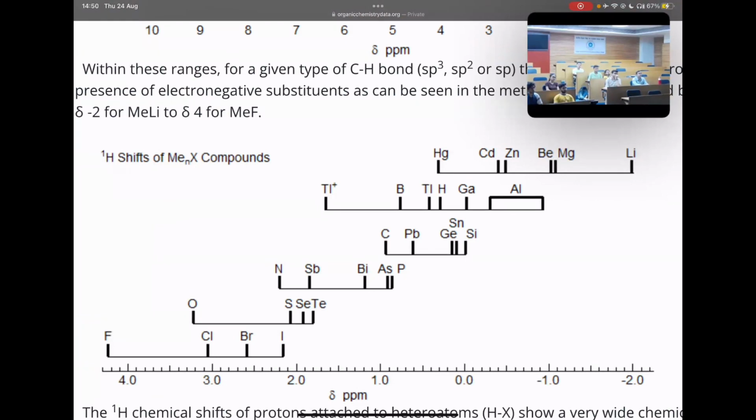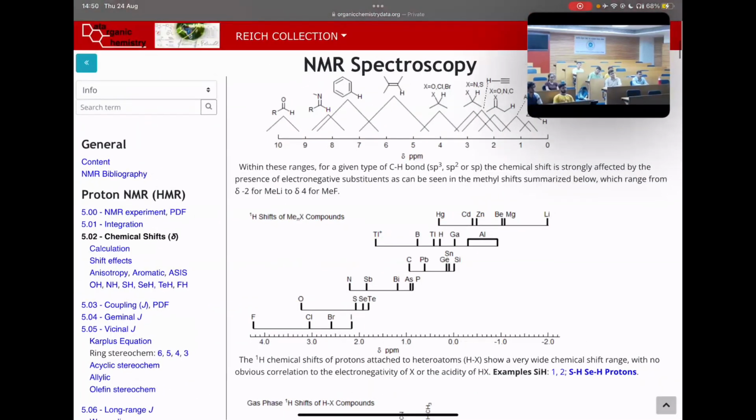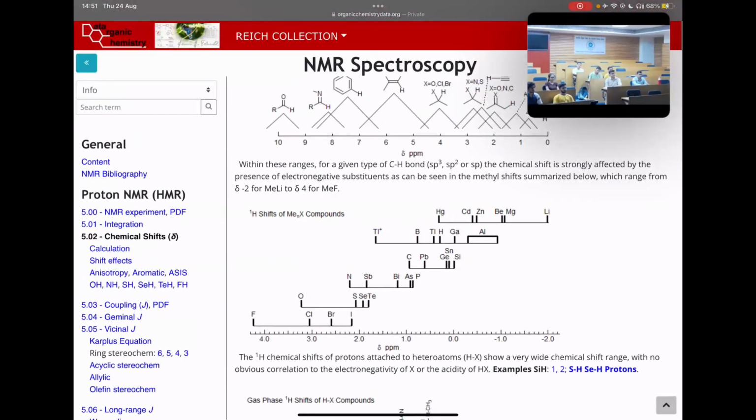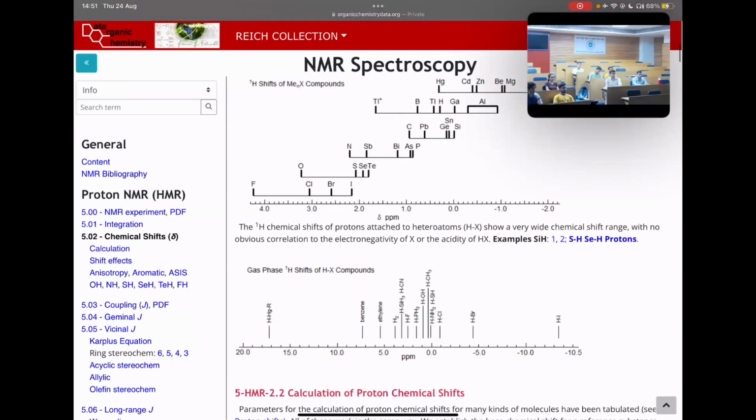On the other hand, when you have a CH3F, it comes around 4.2 ppm, yet again indicating that if you end up plotting the electronegativity of these atoms to the chemical shift, they will have a very nice, reasonably linear correlation. Okay, I hope these examples have been useful to understand how a proton chemical shift gets influenced by the atom that it is attached to.